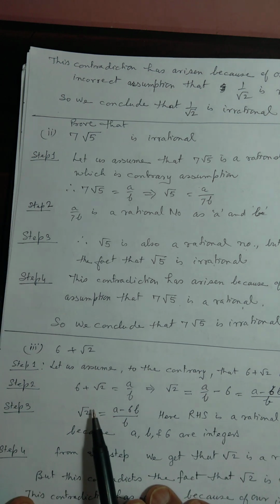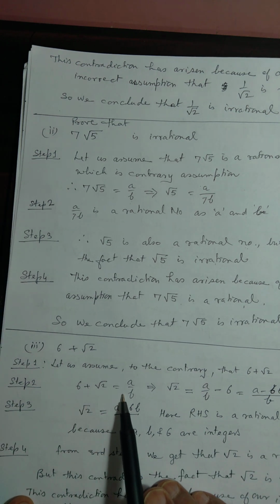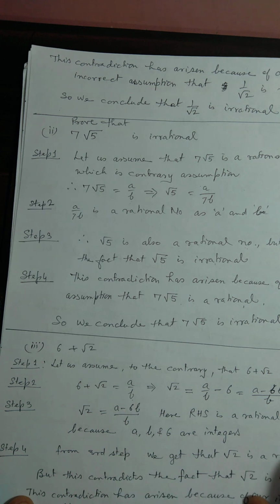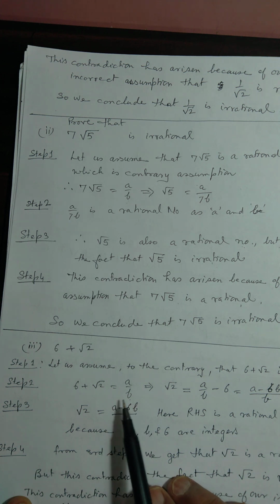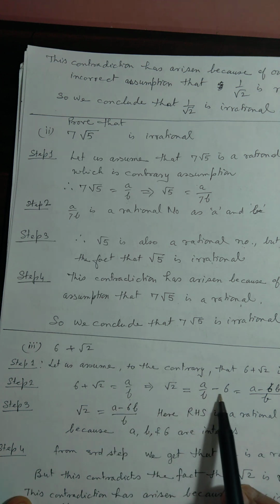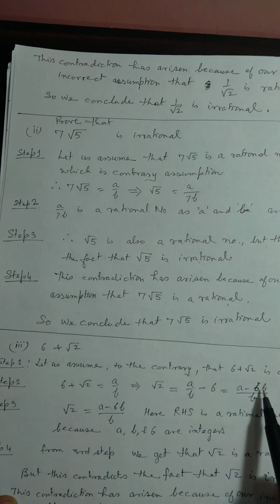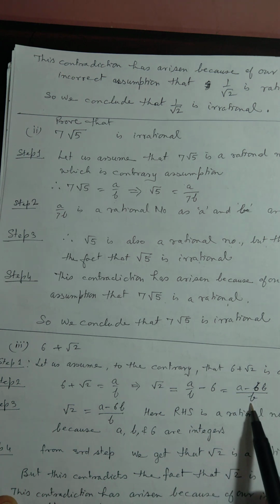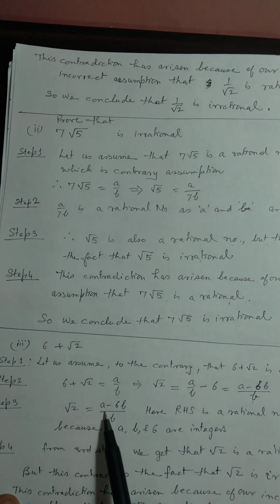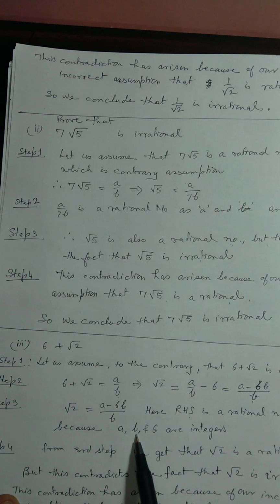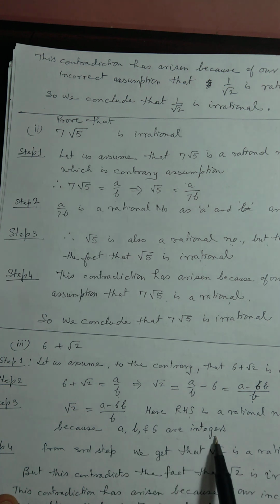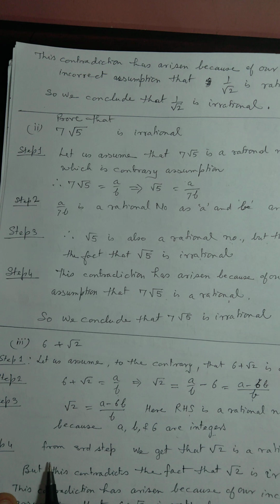In step 2, 6 plus root 2 equals a by b. Once you have assumed that it is rational, then you can put a by b. So root 2 will be equal to a upon b minus 6. Further solving it, a minus 6b by b. So root 2 will be equal to a minus 6b by b. Here the right hand side is a rational number because a, b and 6 are integers. Step 4.